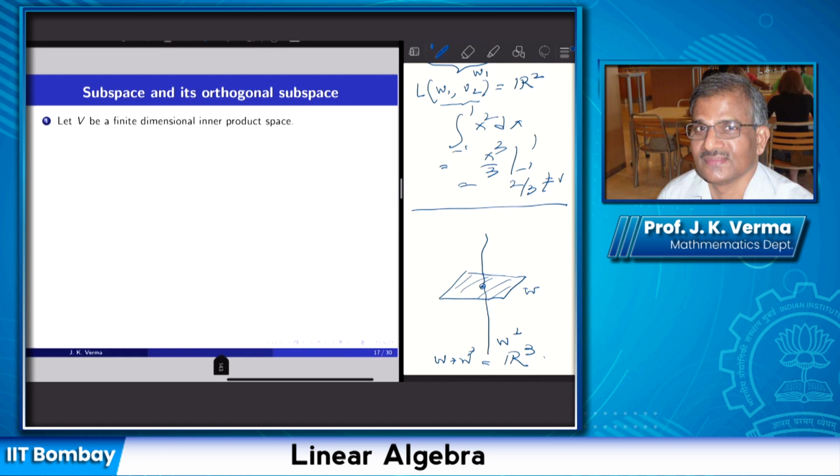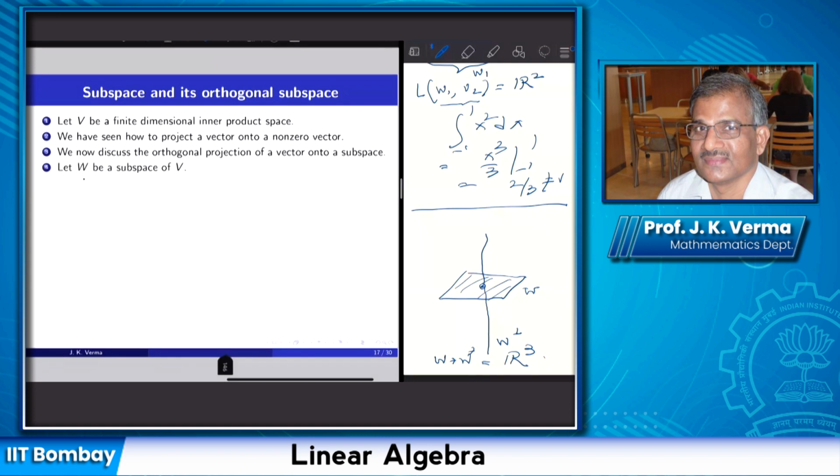So now we look at all vectors which are perpendicular to vectors in a given subspace. Let W be a subspace of V, and look at W perp, which is all vectors in V which are perpendicular to every vector in W.